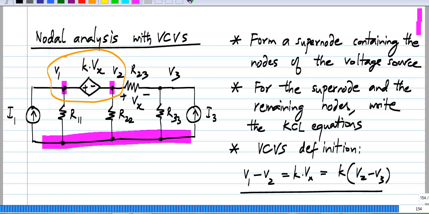Now remember, in case of the independent voltage source, on the right hand side we would have the independent voltage source value. In this case, on the right hand side also we have the unknown node voltages. So we just take the entries to the left hand side and have V1 plus V2 times (minus 1 minus K) plus V3 times K equals 0.